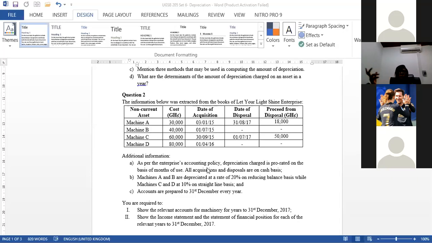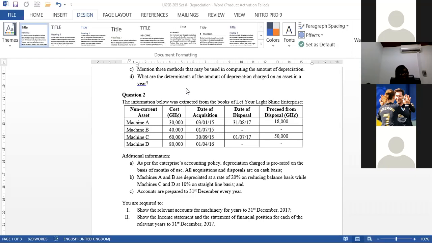Madam, would you always be told which of the methods to use, whether straight line or diminishing balance? And if you are not told, what do you do? And my answer was that if you are not told, there will be a statement that should give you an indication of which method to use.